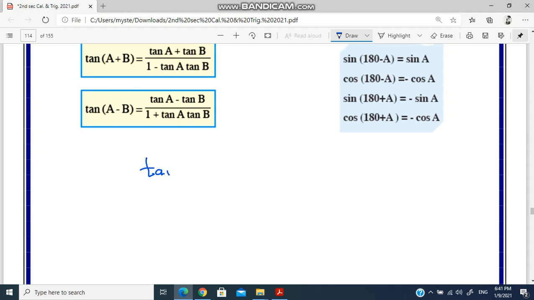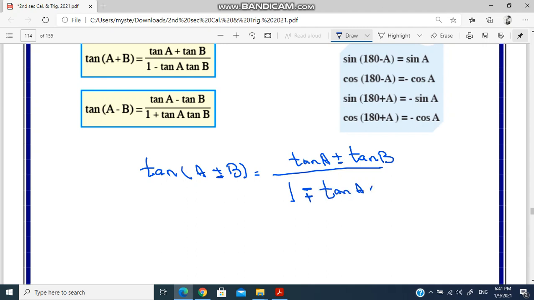So tan A plus or minus B equals tan A, the same sign, plus or minus tan B, over 1, opposite to the sign, minus or plus tan A times tan B.